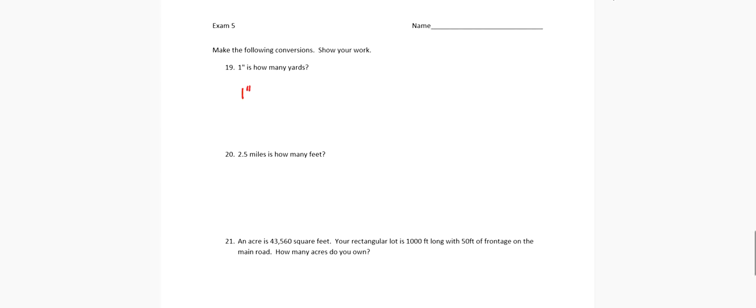So let's see, 1 inch. So I'm gonna do this thing I was doing before. If I'm going to convert this into yards, I'm going to go through feet first. So I know there's 12 inches in 1 foot, and then there's 3 feet in 1 yard. So essentially we've got 1 divided by 12 divided by 3, or 1 divided by 36.